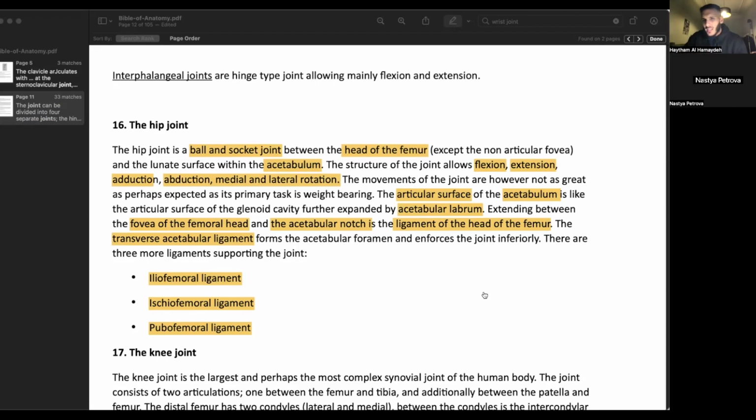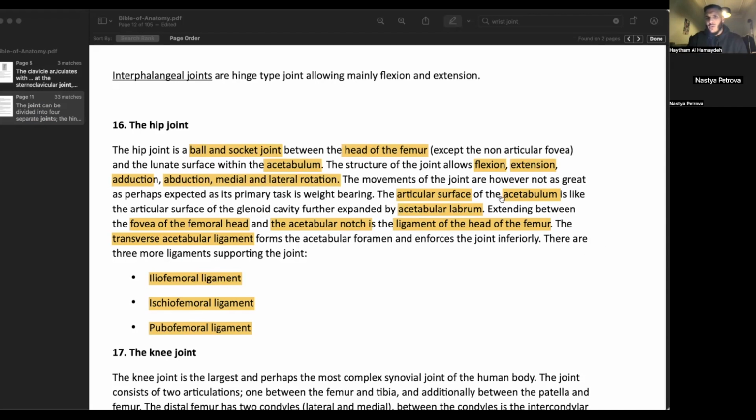Now ligaments. You have 4 or 5. One of them is called ligament of head of femur. It comes out of here and pokes through. There is a hole here called the fovea of head of femur. This ligament enters, that's number 1. The other ligaments here: this is the pelvic girdle, you have ilium, pubis, ischium.